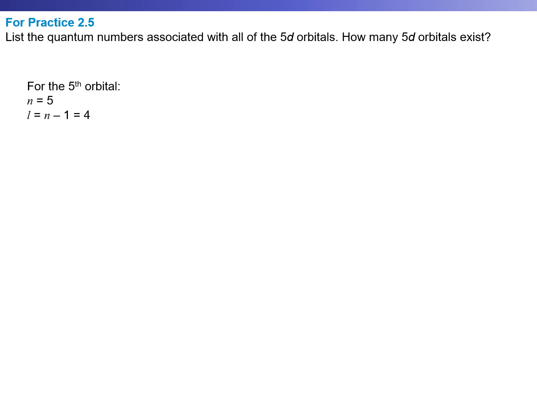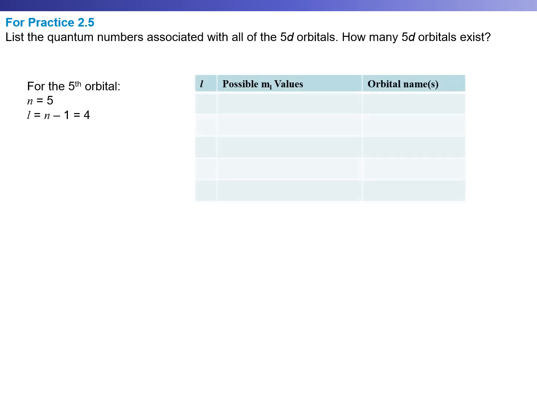Now, with this information, we can bring up a chart and come up with these other values. And I'm going to go ahead and complete this chart. So when you're in the 5th orbital, you're going to have your s, your p, your d, your f, and so forth. So let's go ahead and lay those out.